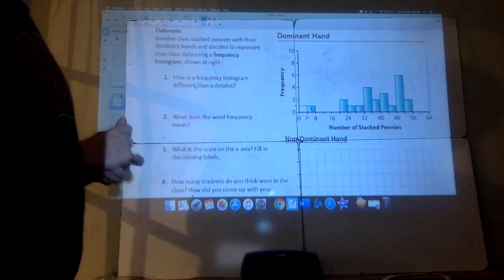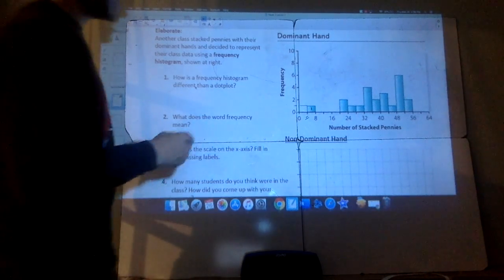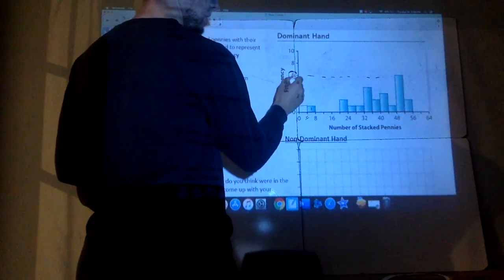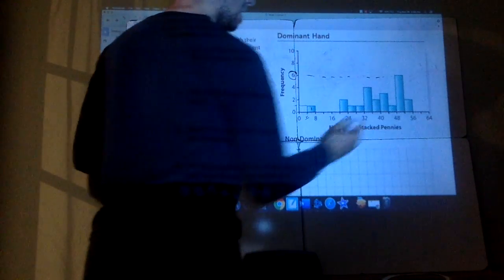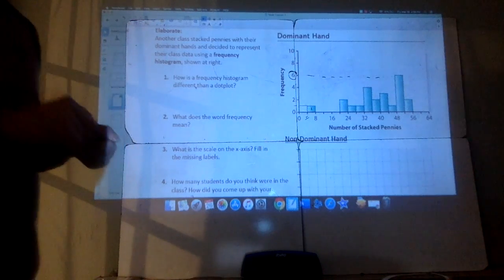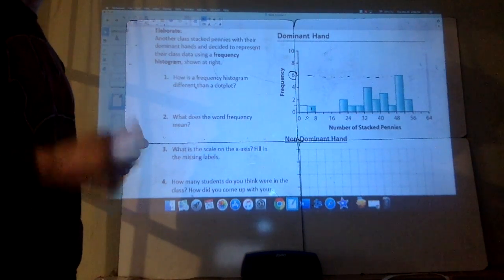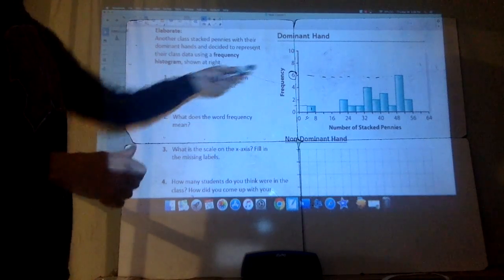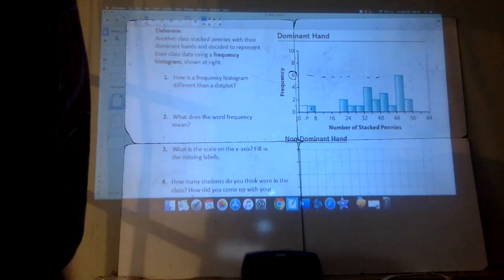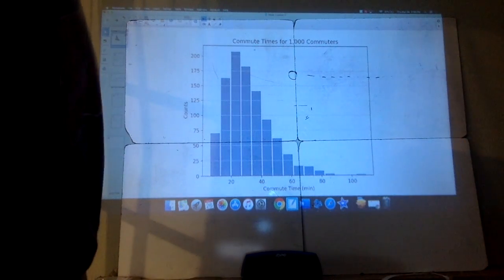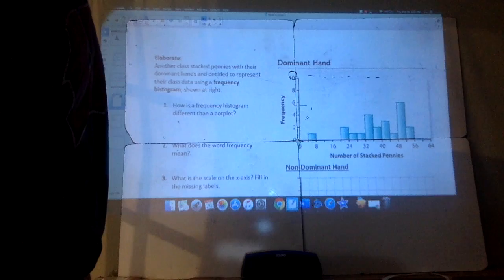So that's what that means in this context. Here we have, look over to that, we have 6 people who stacked between 48 and 52. So what does the word frequency mean? Frequency means count. How many? If you look back at our intro graph, it's the same thing as count. It means how many people fit in that category.